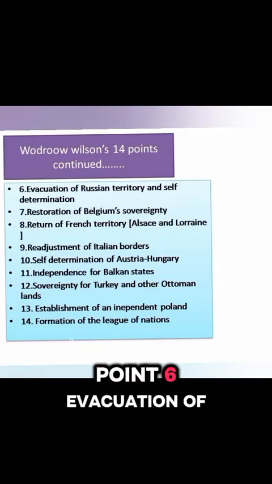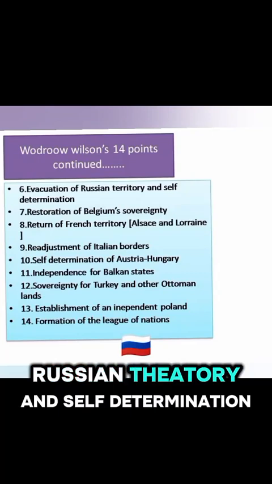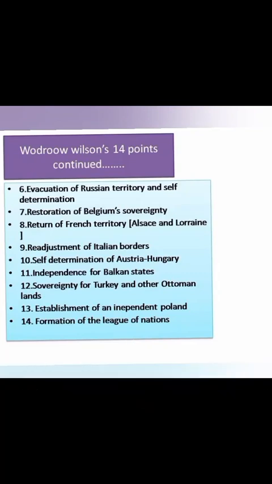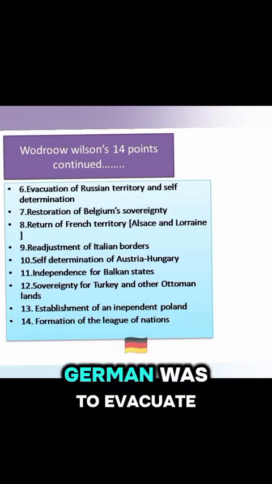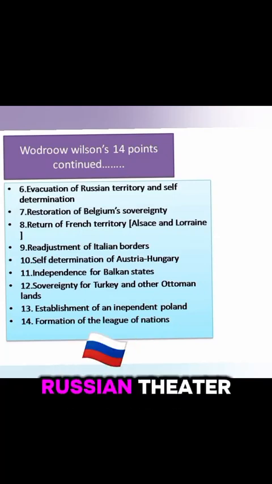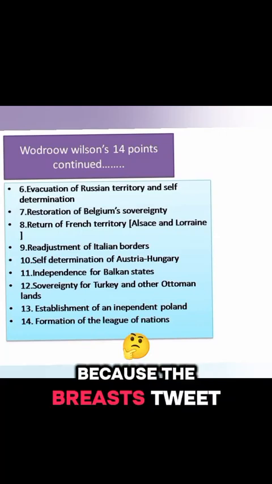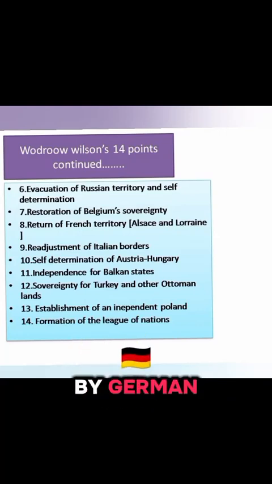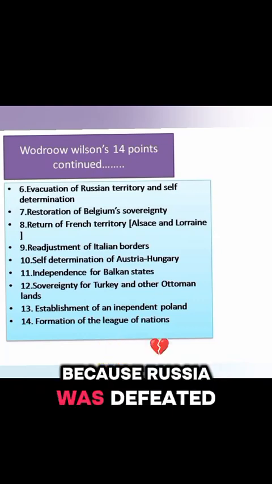Point 6, evacuation of Russian territory and self-determination. According to this point, Germany was to evacuate Russian territory because the Brest-Litovsk Treaty of 1917 was forced onto Russia by Germany because Russia was defeated.